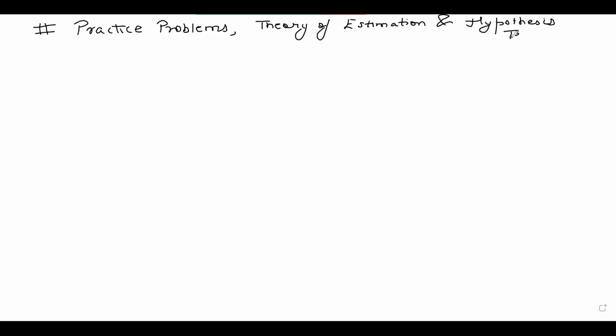I have done this module in theory in depth in my statistical methods for economics course. In this lecture, we are going to solve a few practical problems based on this concept.